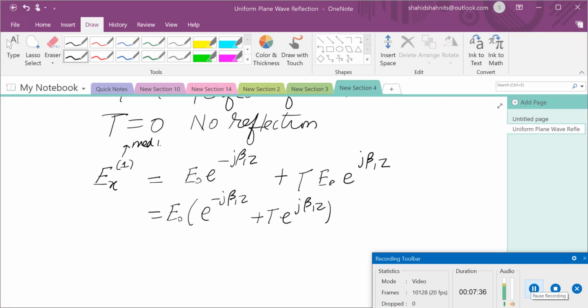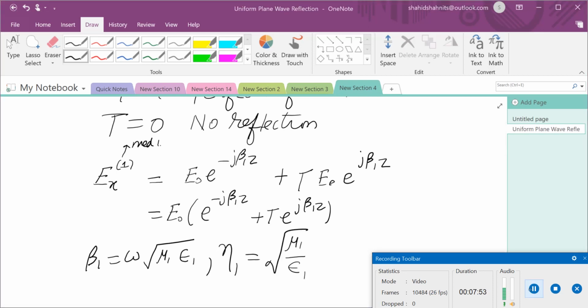I recall here again, beta 1 is equal to omega times the square root of mu 1 epsilon 1, and we also have the intrinsic wave impedance as defined in the last lecture, which is denoted by eta 1, equal to the square root of mu 1 by epsilon 1.